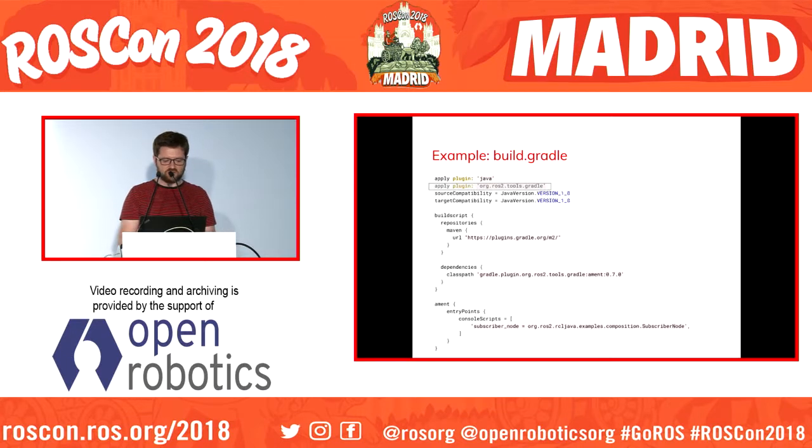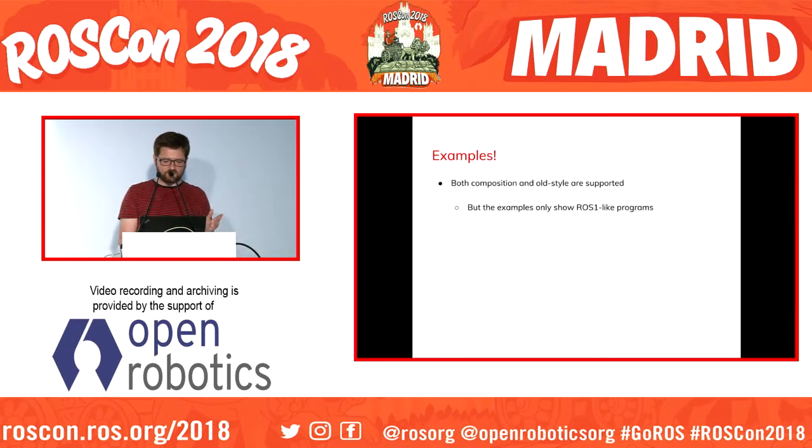But you don't need to do anything. We declare a dependency, but if you are using a more recent version of Gradle, you can skip that. And we declare here an entry point so that the plugin will generate a launch script for our application.